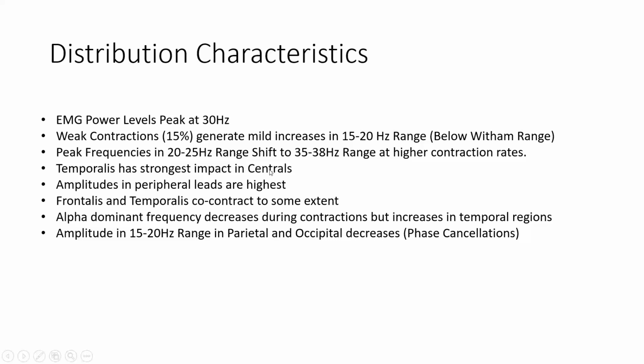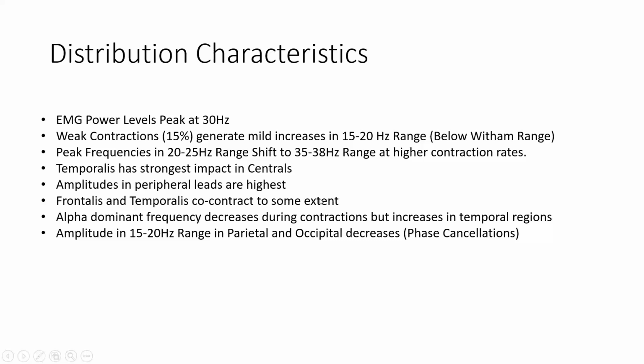Temporalis has the strongest impact in the central region. So when you're getting noise in CZ, C3, C4, which you don't often get, but you do, it's probably the temporalis muscles. Now they're saying peripheral leads are the highest, and that's just saying FP1, FP2, F7, F8, all around back to O1, O2.